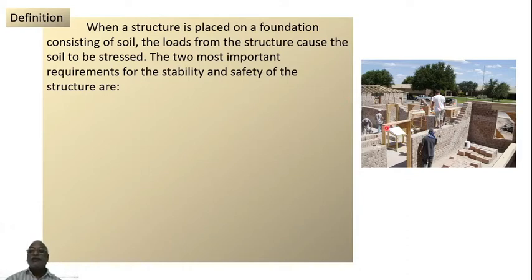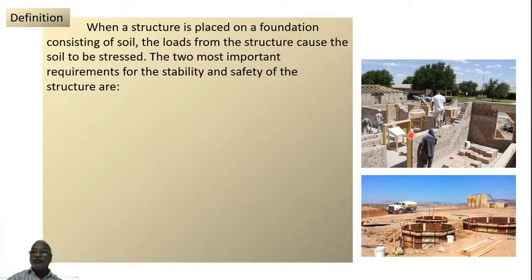Structure means it may be a small structure like a residential building, or a huge structure like a silo filled with material. It will be put on the ground, maybe on a deep foundation like piles or a well foundation, or a variety of foundations. But anyway, the load of the structure has to go onto the soil, right?